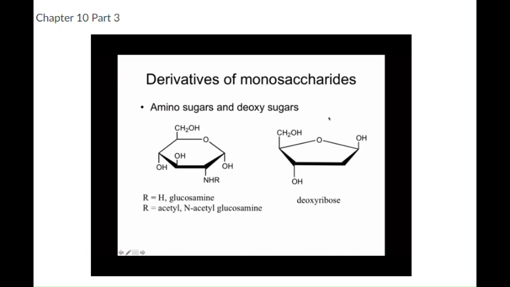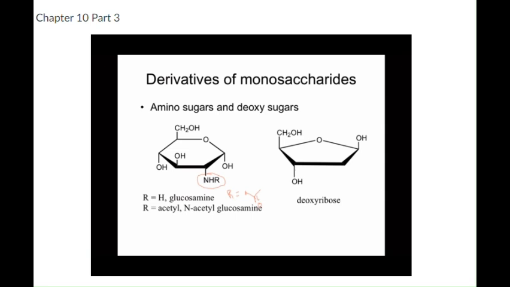Other derivatives that we often find are amino sugars. In this case, basically we have taken a hydroxyl group and replaced it with an amine group. This gives rise to a molecule called glucosamine if it's simply an NH2 there. Or we can very often attach an acetyl group, where here's our point of attachment, and then we've got a double bond to oxygen there.